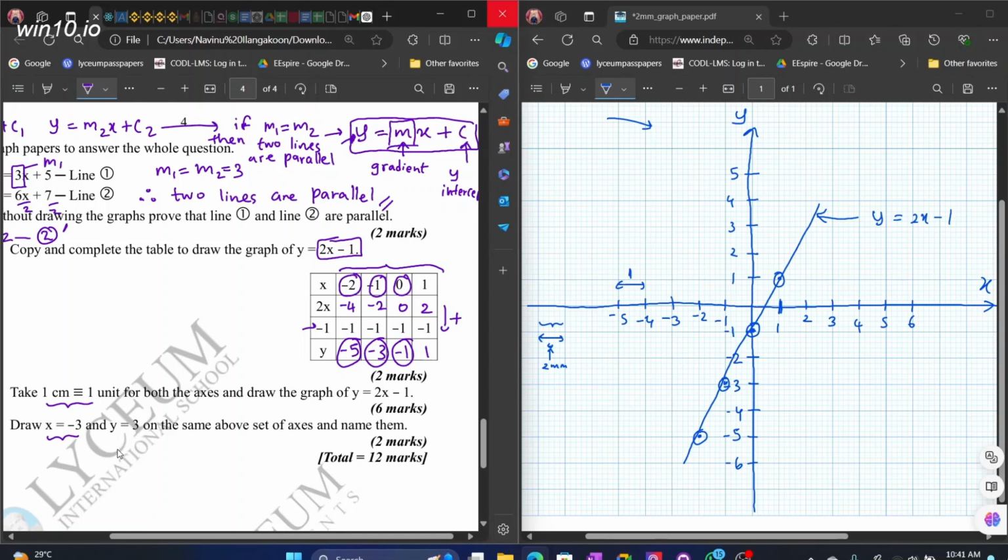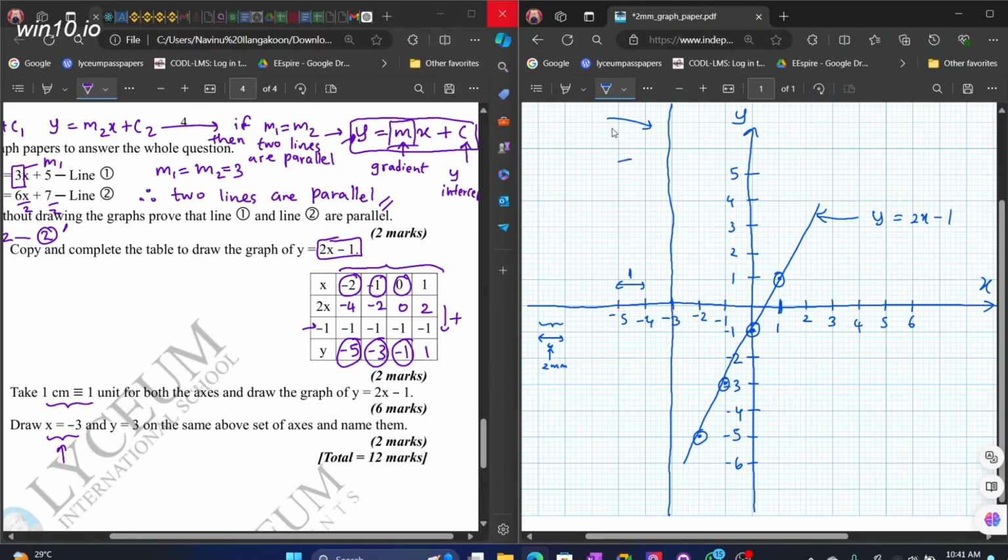So on the same set of axes. Then what is the meaning of x equals minus 3? The meaning of that is always the x value is equal to minus 3. So where is x equal to minus 3? Here. No? So the line should go through minus 3 parallel to the y-axis.